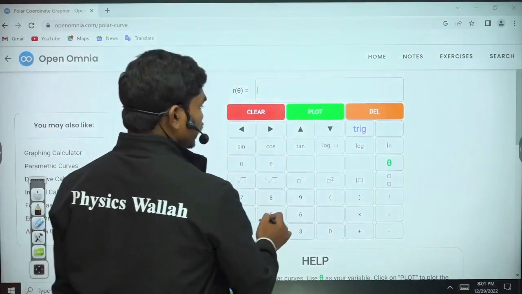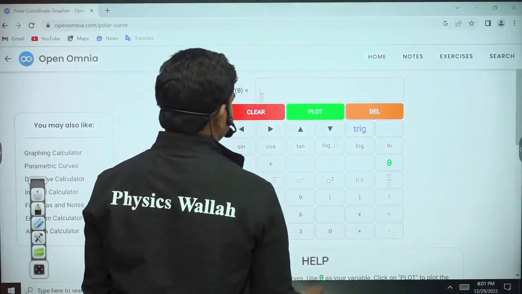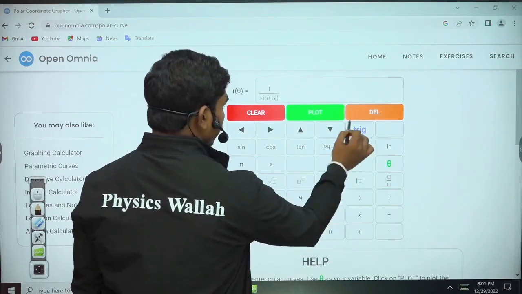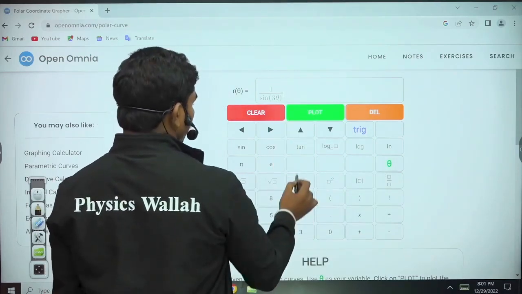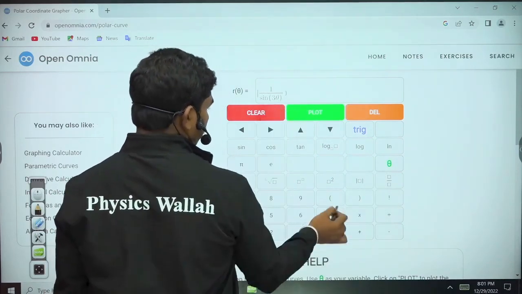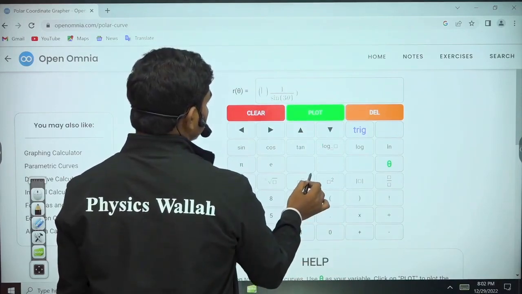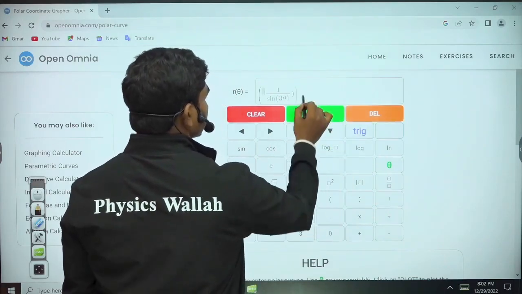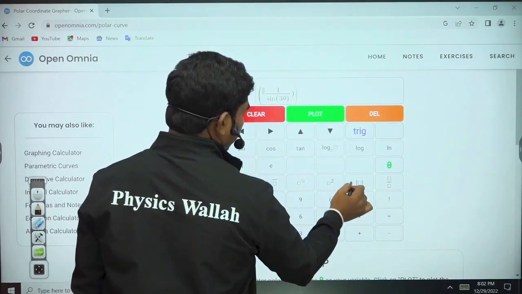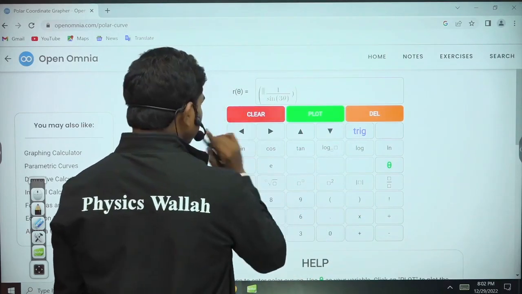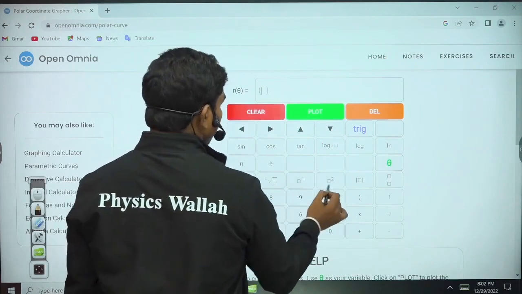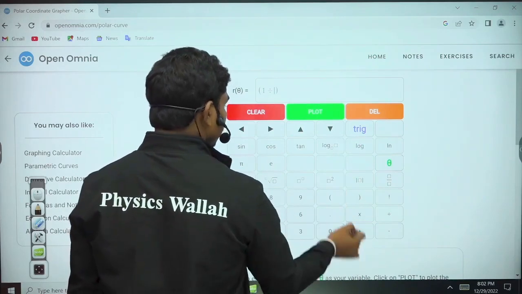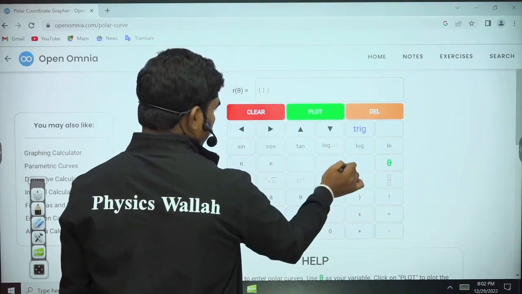So 1 by sine 3 theta, where theta is here, whole power 1 by 3.